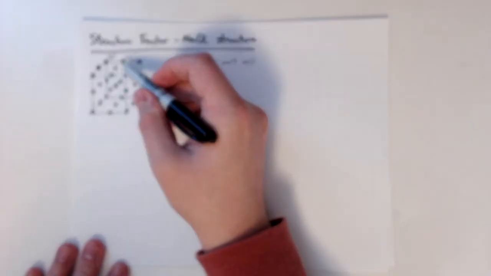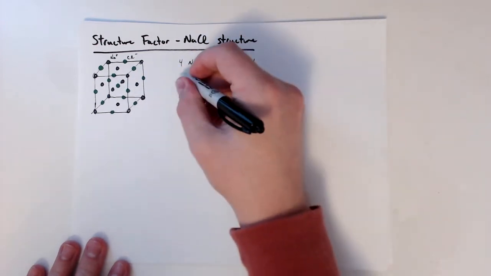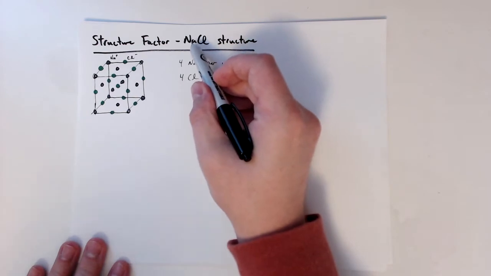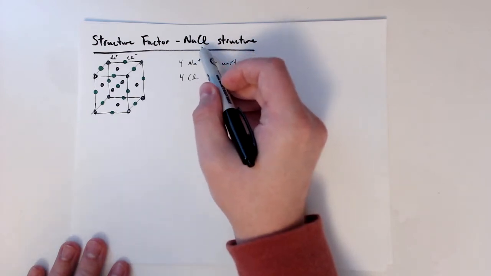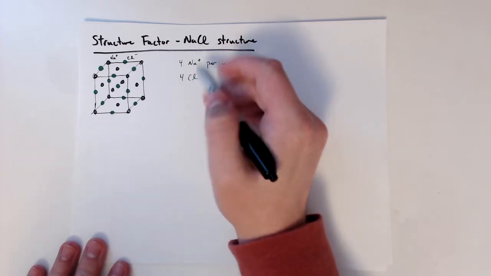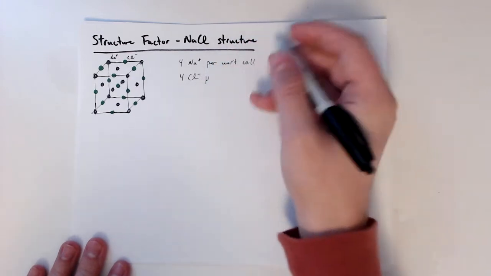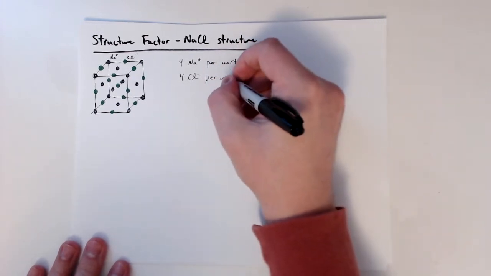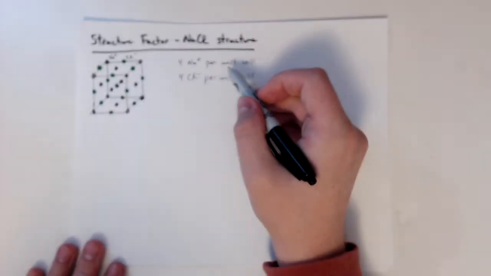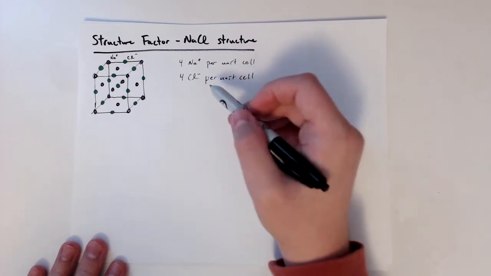And for the chlorine, if you do the same count, you'll find that it's the same as well. And since it is a structure where we have 1 cation, 1 anion, so 1:1 stoichiometry, we should have equal numbers of the positive and the negative ions per unit cell. So we're going to have to find the positions for 4 of the sodium and 4 of the chlorine.